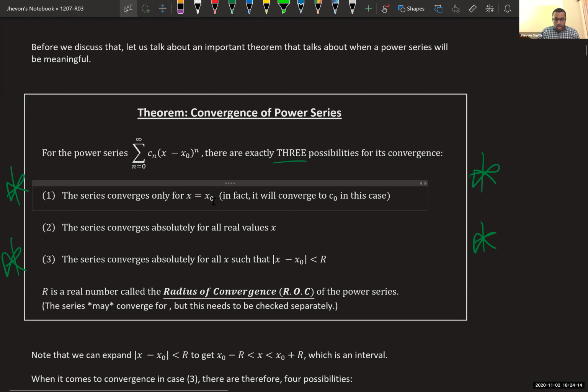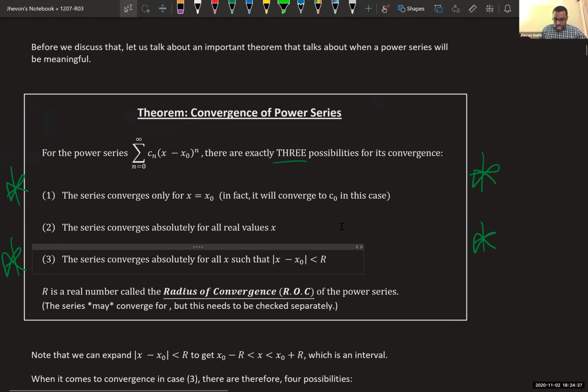So it's possible that it will only converge for one particular x value. So only if I plug in x equals x naught, but any other thing I plug in for x, it's not going to work. It's possible for any real number I plug in, it's going to actually work and make sense. It's also possible for there to be some interval of finite length for which it will make sense.